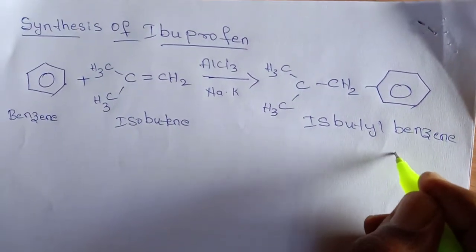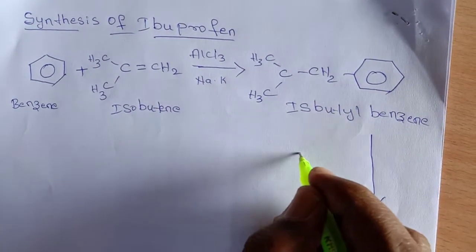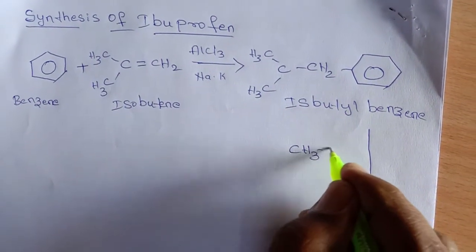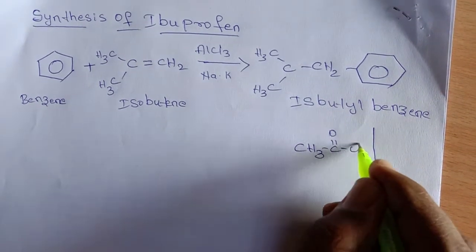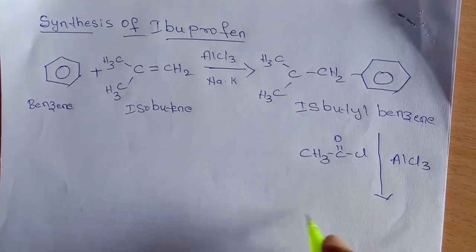To this isobutyl benzene, we have to add acetyl chloride in the presence of AlCl3.